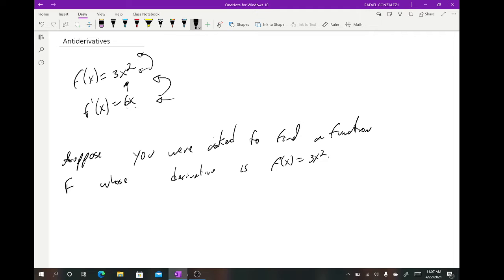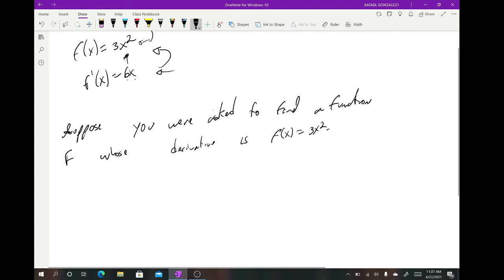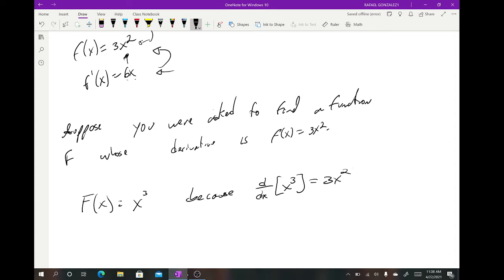Now again, from our knowledge of derivatives, we can say, hey, I know a function that I've seen where when we take the derivative, we get back 3x squared. That function is x cubed, because when you take d dx of x cubed, the derivative of this is 3x squared, right?